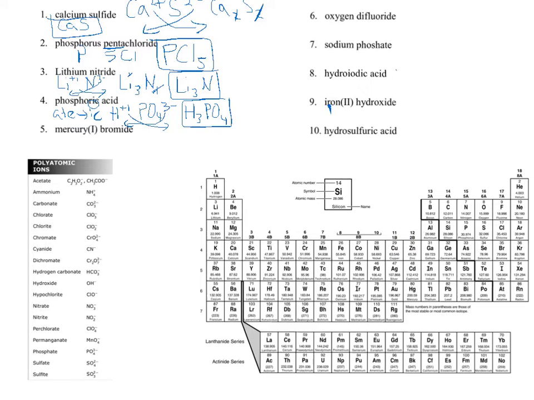Anybody that's in the transition metals, with the exception of 3 elements, and that is silver, cadmium, and zinc, all have variable charges, meaning because they have electrons in this D block here, they can lose various amounts of electrons.